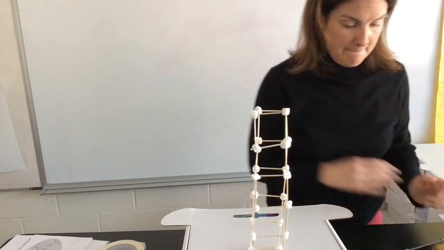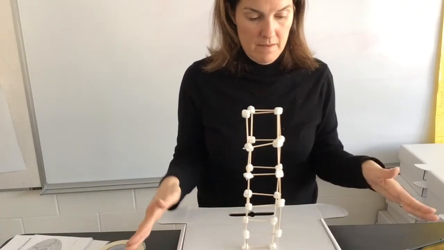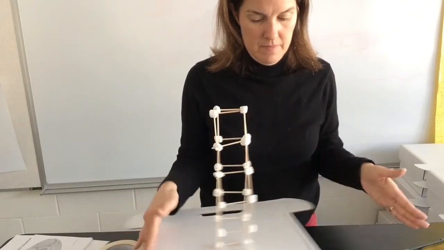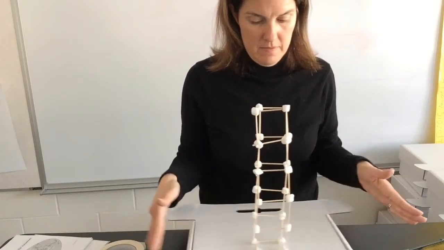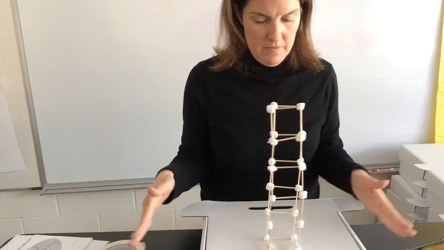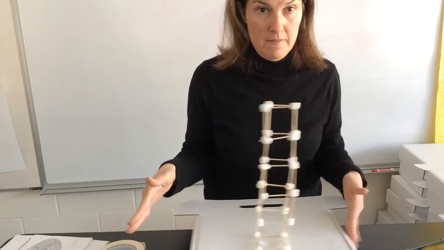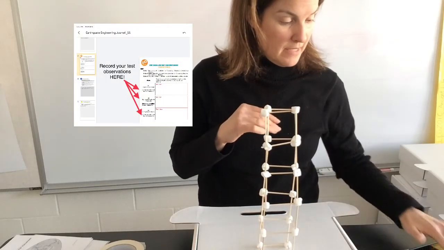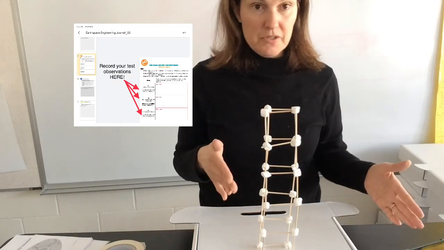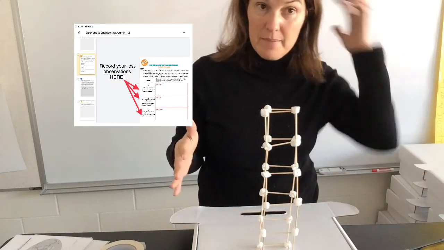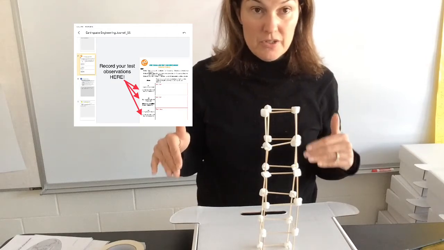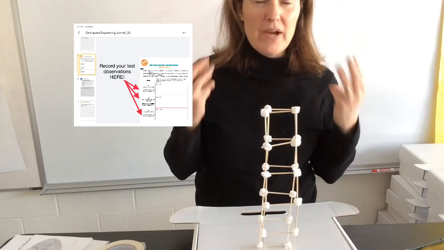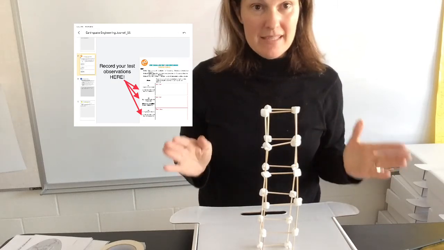All right, now make some observations in your science journal. So you would pause your device here, or pause your iPad, and go back into your engineering earthquake journal and write down your observations.